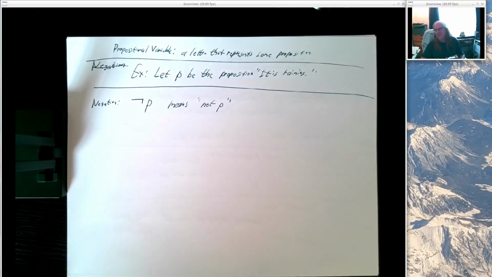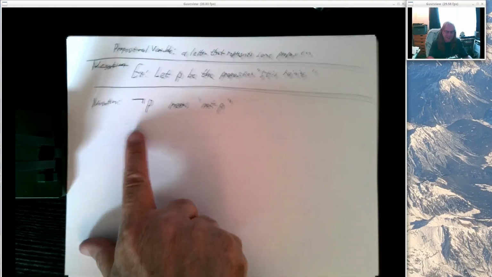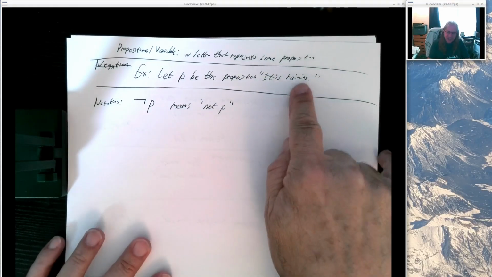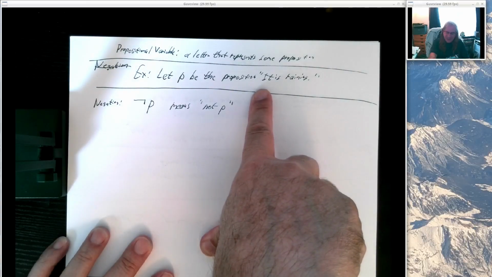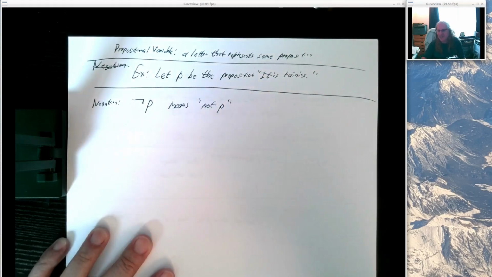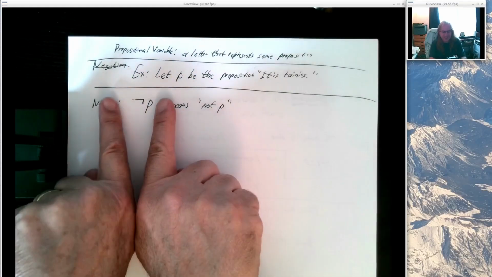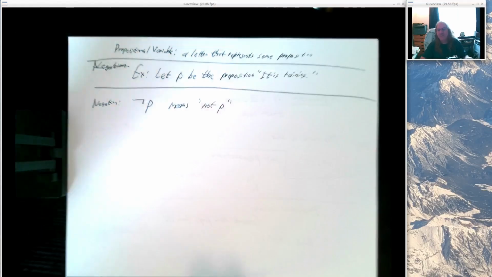Well, that's not how we speak in English, right? We would say it is not raining. But the meaning of this is, it is not raining. This proposition, it is raining, is not true. The negation of this is true, right? So not it is raining means it is not raining. So this is a new proposition. This thing, the negation symbol followed by P, is a declarative statement. And in this case, the declaration is it is not raining.